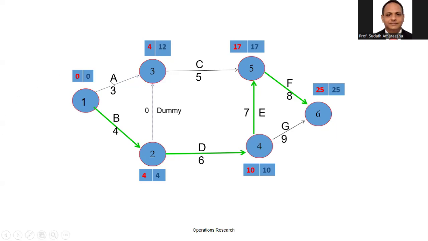If you consider A, the starting event, red color 0, we call earliest start time i value. Normally we use i and j. The event number 3, red color 4, we say earliest start time j value.